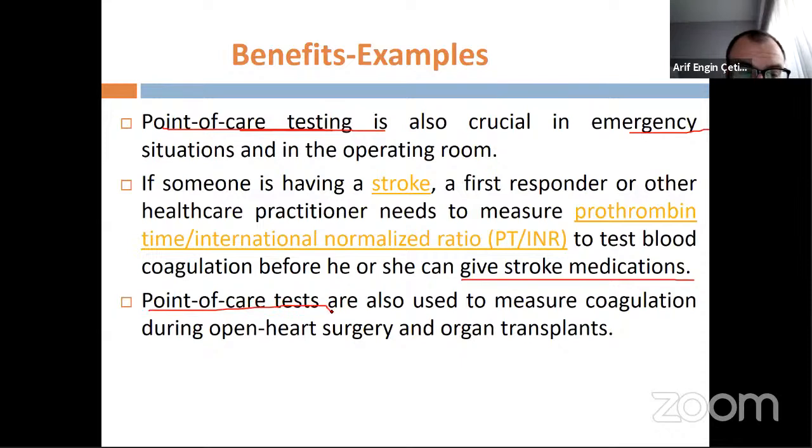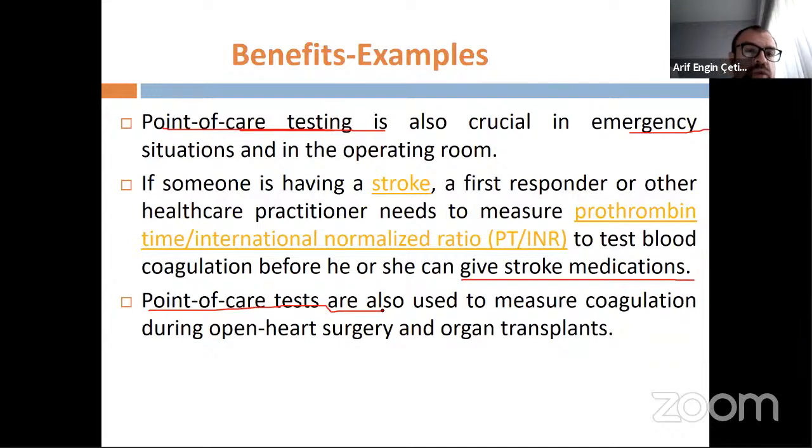Point of care tests are also used to measure coagulation during open heart surgery and organ transplants. I gave you many examples of the use of POCT as diagnostics, but they can also be used as a helper in the medical infrastructure when the clinician performs some operations. These POCT tests can give real-time information about the current situation of the patient.